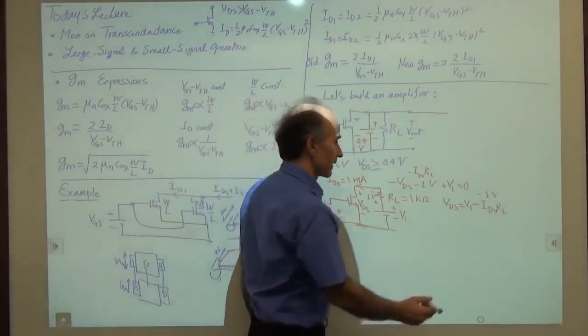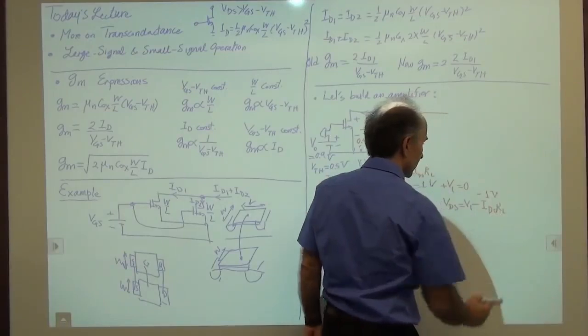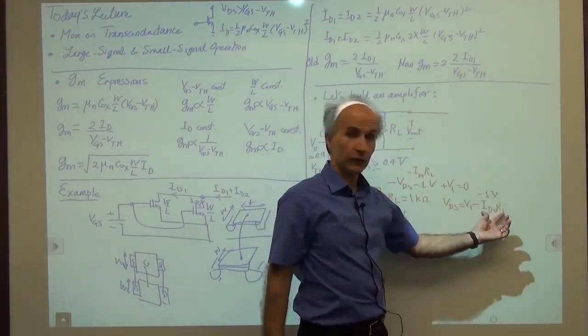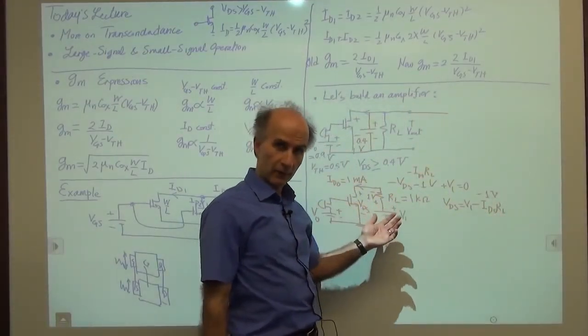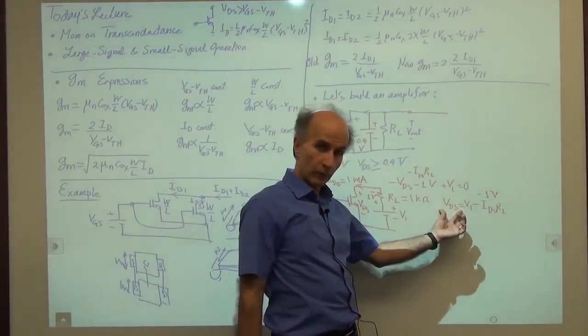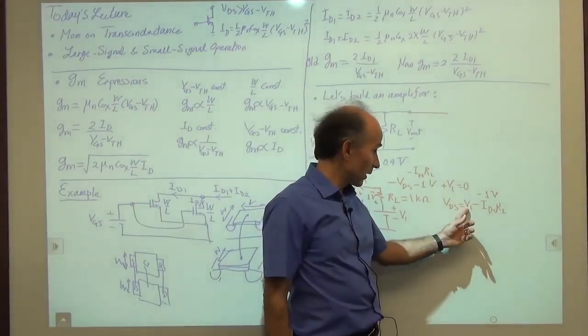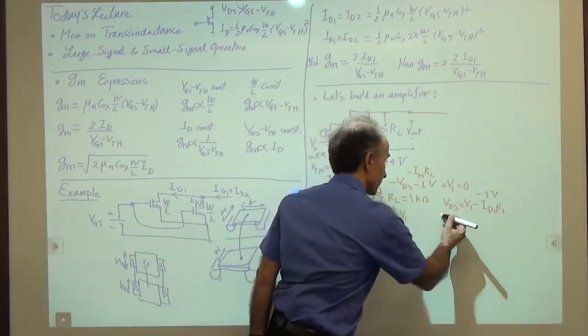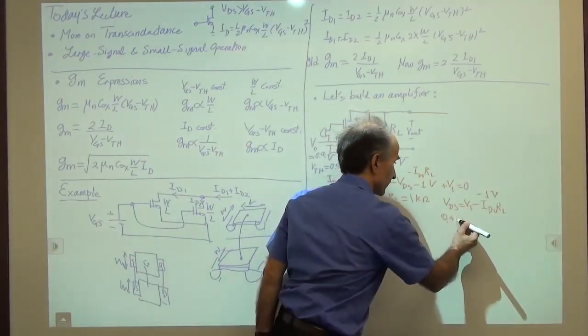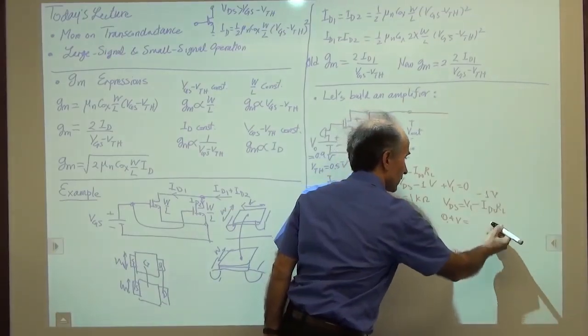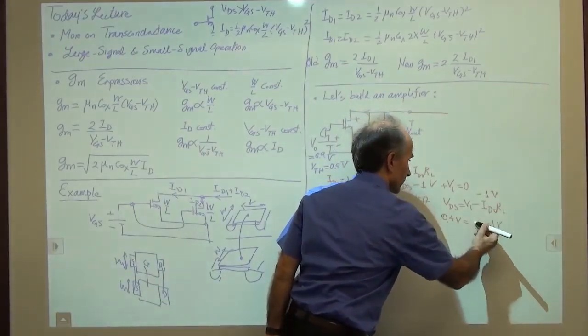Okay, so this says that if we have, for example, 1 volt of drop across the resistor, and we need 0.4 volts for VDS at least, then it's not that hard. We just pick V1 to be how much? So this should be 0.4 volts and this should be, we are subtracting 1 volt, right?